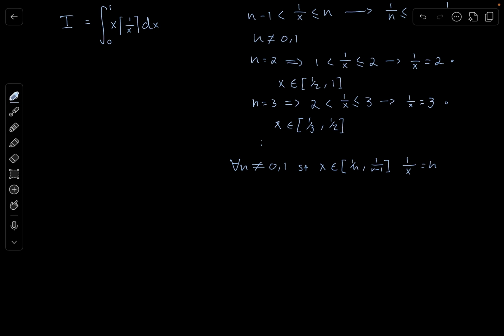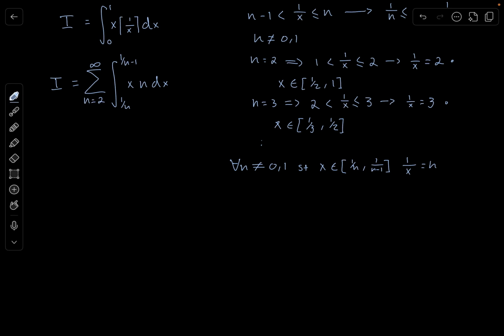So now our integral is going to be equal to the sum from n equals 2 to infinity, the integral of 1 over n to 1 over n minus 1 of x times n dx.